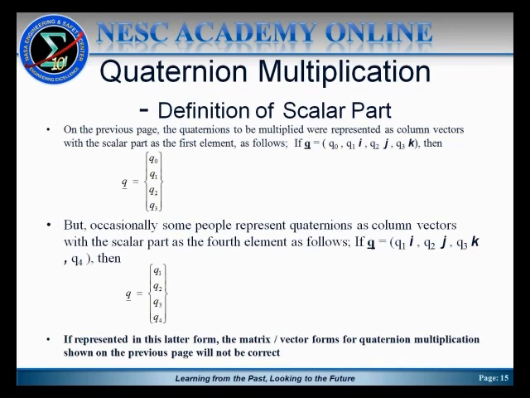But occasionally some people do two things slightly different in their representation of the quaternions as a 4-element vector. Some people don't like the subscript 0 for Q0. They prefer the elements, instead of being Q0 through Q3, to be Q1 through Q4. Some of that gets back to limitations in certain programming languages that don't allow array indices to have a value of 0.